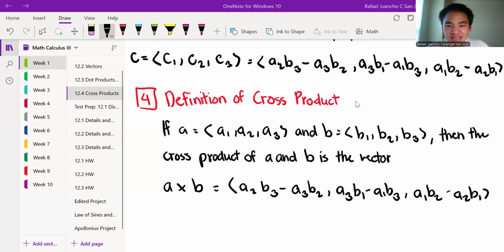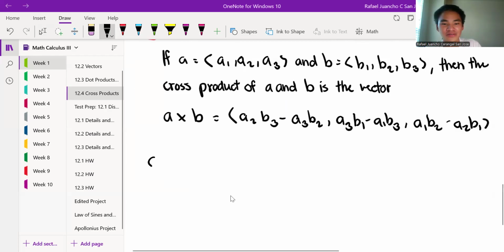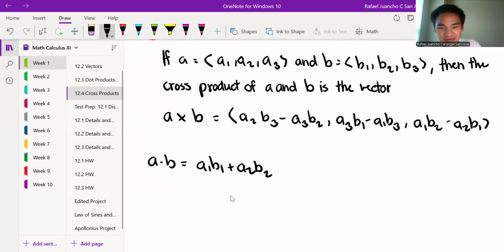So if you notice, the cross product of vectors A and B is a vector, but the dot product is a scalar. If you remember, the dot product was A1B1, A2B2, and A3B3, right?